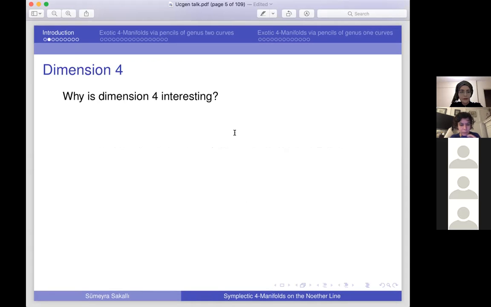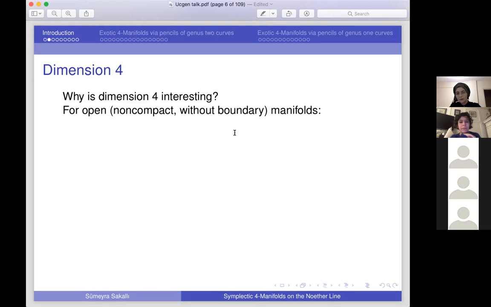I'm studying mostly in dimension 4, and this dimension is a bit different from other dimensions. I want to mention what is interesting about it. These are all well-known facts. Let's look first at open manifolds, which are non-compact without boundary.